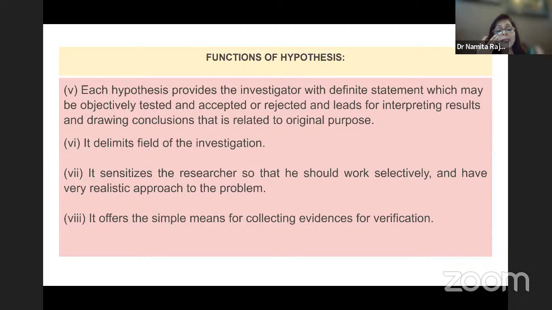So it delimits basically the field of investigation, because you are verifying it one by one. So delimit your field of investigation, formulate the hypothesis for each statement separately, for acceptance or rejection, for interpretation, and drawing conclusions related to the original purpose for which the hypothesis was framed.